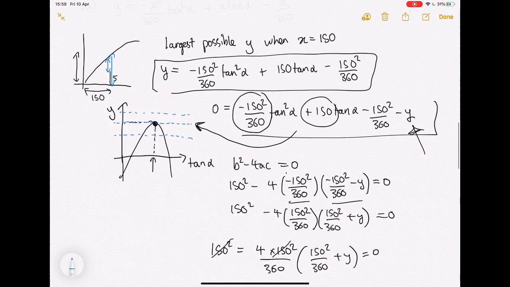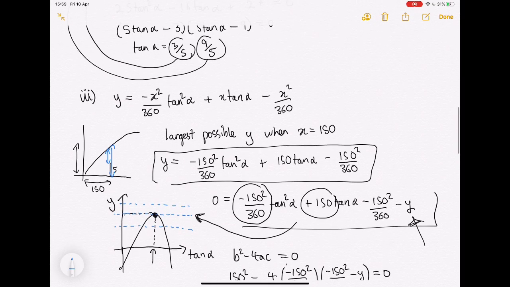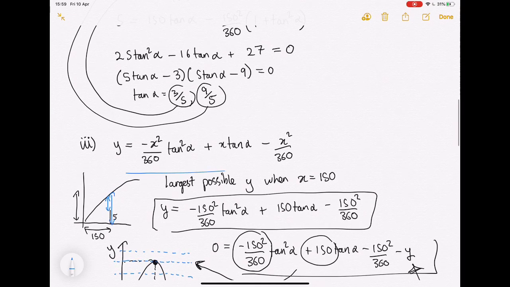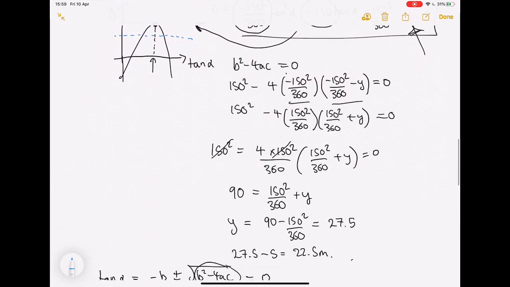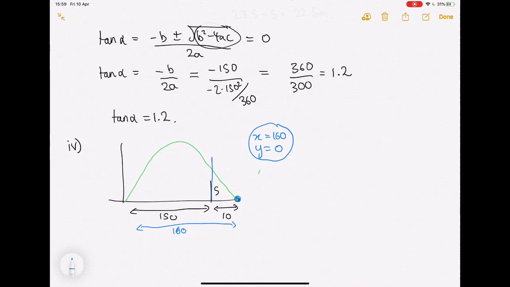I'm going to take the same quadratic equation as before, which is this one here, and just substitute in those two values of x and y. So y is 0, we get 0 equals minus 160 squared over 360 multiplied by tan squared alpha plus 160 tan alpha minus 160 squared over 360.